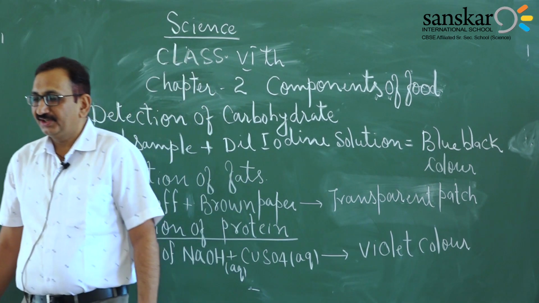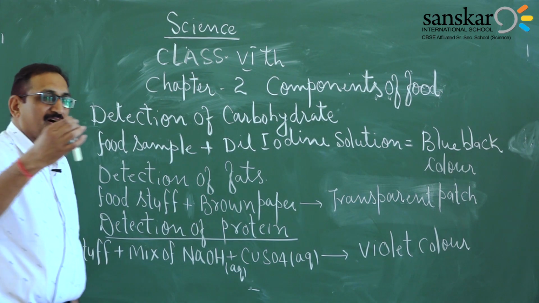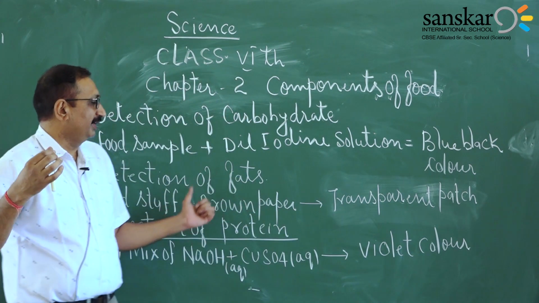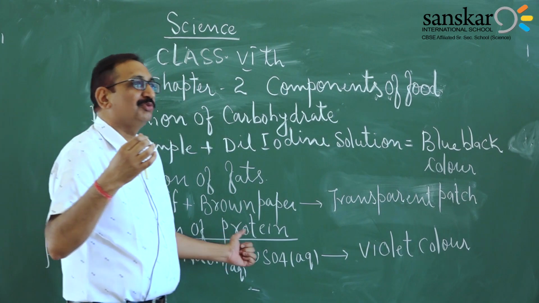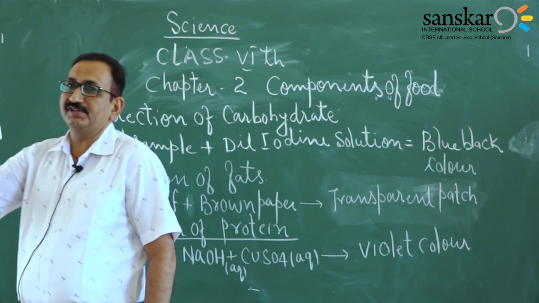Here I have brought a little amount of milk. You know that milk also contains proteins. So we have to test whether protein is present in the milk or not.